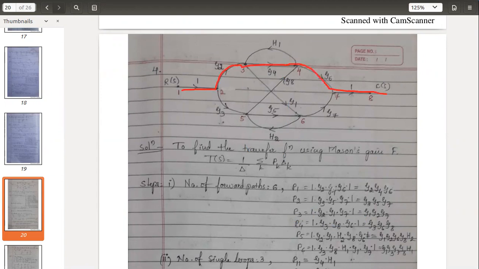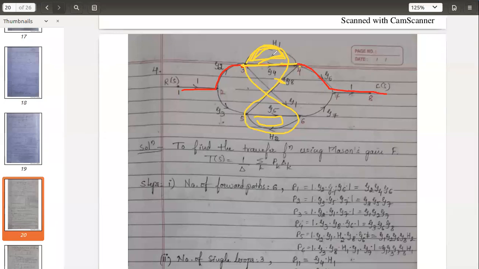Now, how many single loops do we have? This is one, this is second, and the third one is this 8 structure. Out of these 3, the 8 structure loop and the first one, the top loop, these two are touching here. This is a common branch between nodes 3 and 4 for both these loops and this red color forward path.